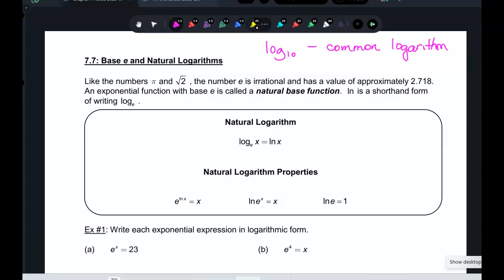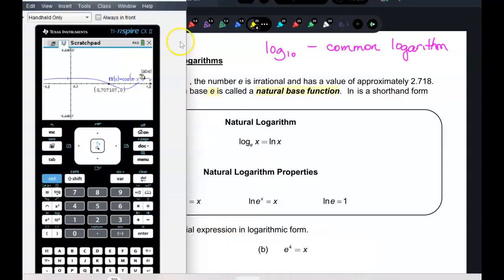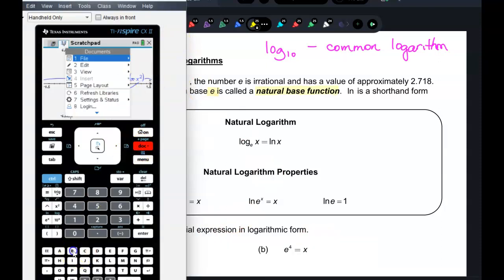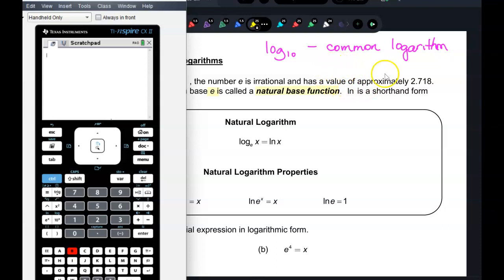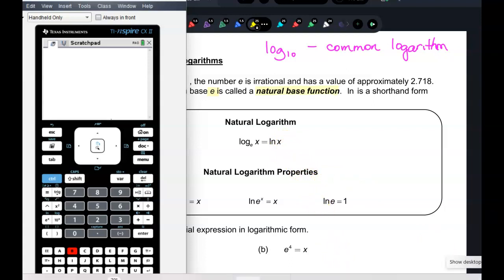So we're going to learn a new number here. It is called e. This is called the natural base function. On your calculators, how do you get this number? It's kind of complicated to explain because it has to do with limits, something you learn in calculus.